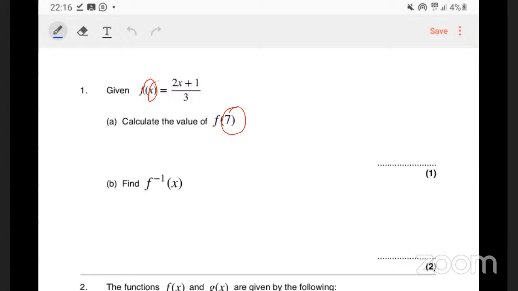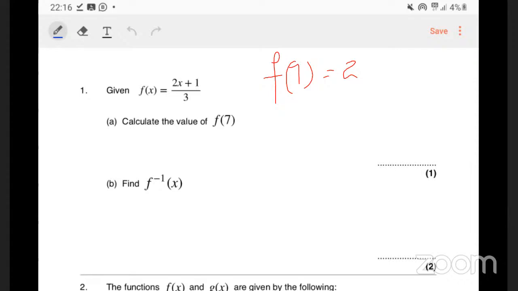Exactly. So wherever we see the x, we're going to replace it with the number 7. We're not having f of x anymore, we're having f7, which means that anywhere we see an x, we substitute the value of 7. So coming in with the function, it's 2x.